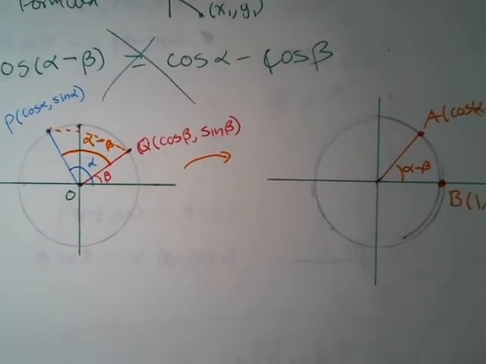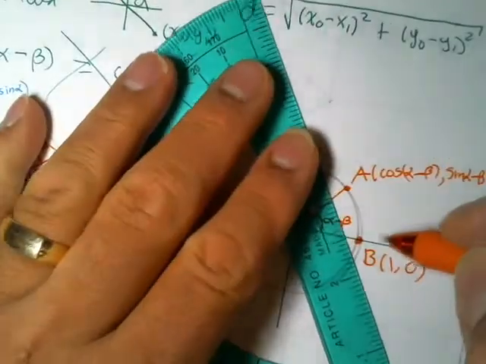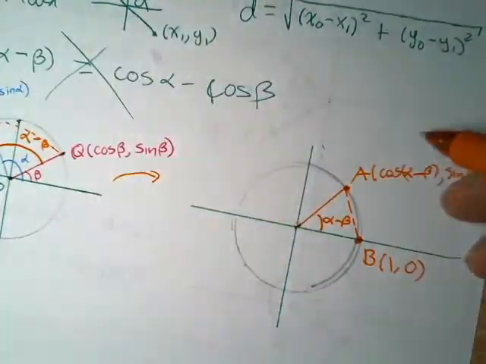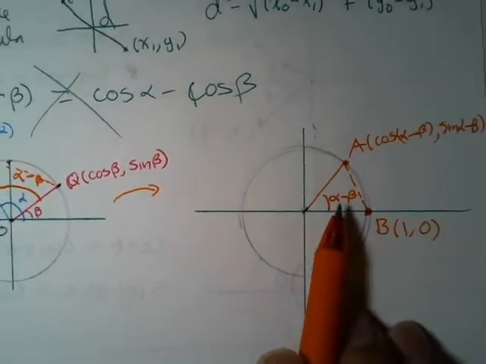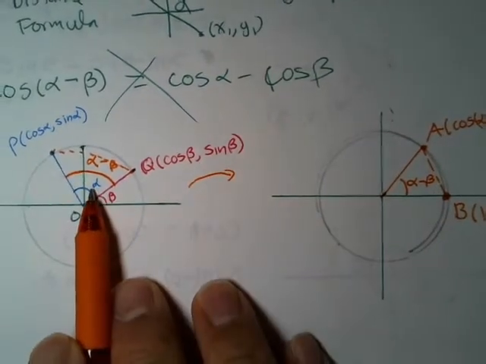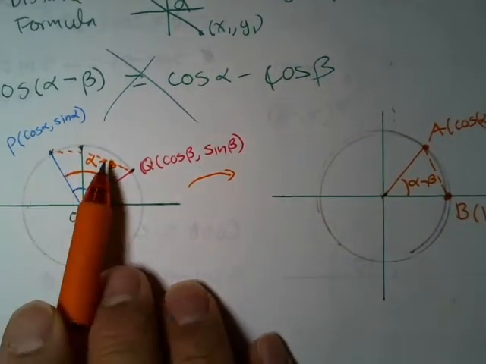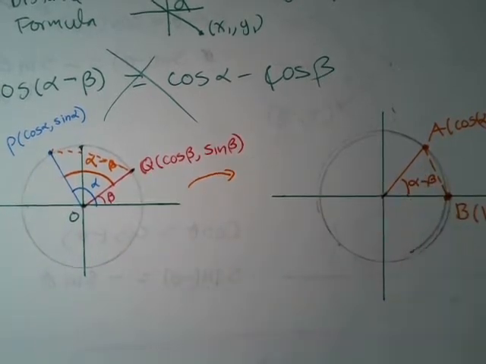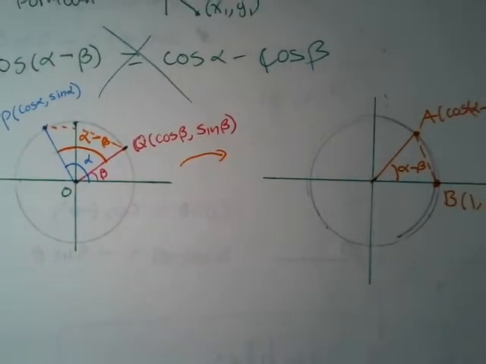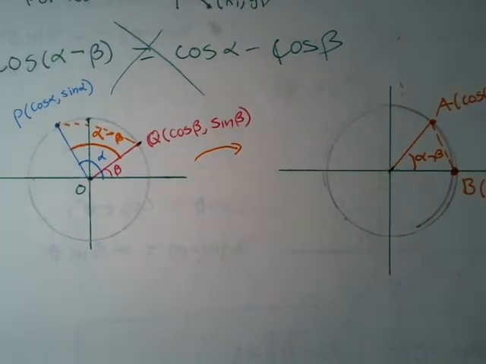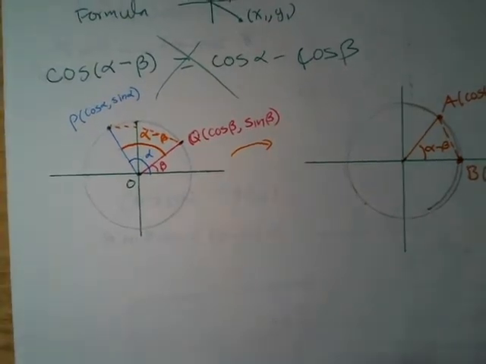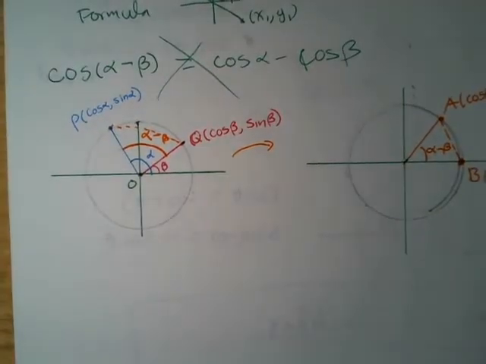Now, one property from geometry is that if the angles are the same, that means that the chords, the straight lines connecting the two points on the circle, also have to be equal. So I'm going to use that fact from geometry to set up my equation that I'm going to solve for cosine of alpha minus beta.